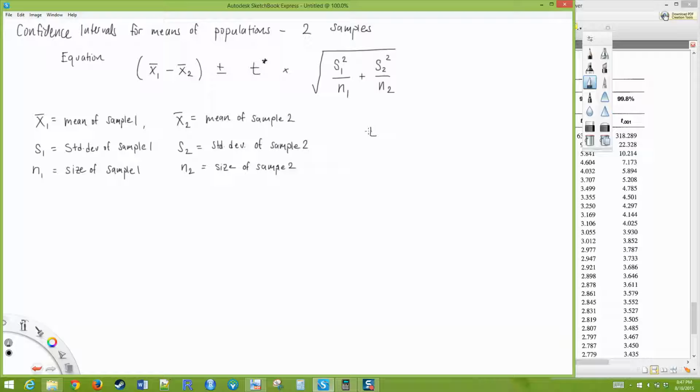And t star is our critical value. Standard deviation of sample 1 and standard deviation of sample 2. Okay, and t star is our critical value from the table. And again, degrees of freedom is equal to n minus 1, but we have two n's, so we use the smaller of n1 and n2, okay?